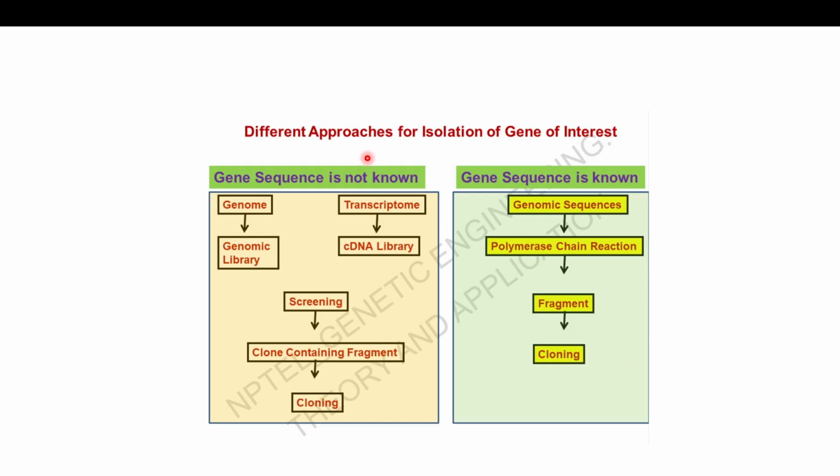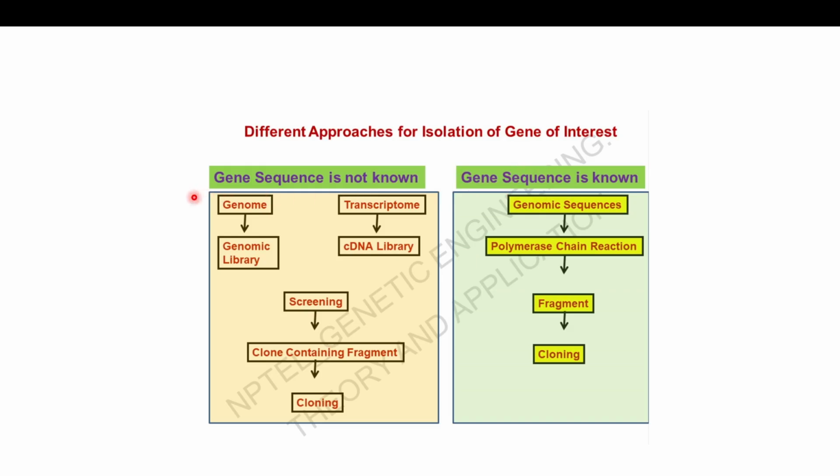So what are the possible approaches for isolating a gene of interest? There are two scenarios: when we know the genetic sequence of our gene of interest, and when we don't really know it.